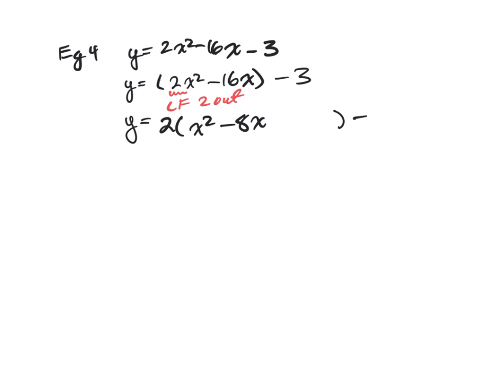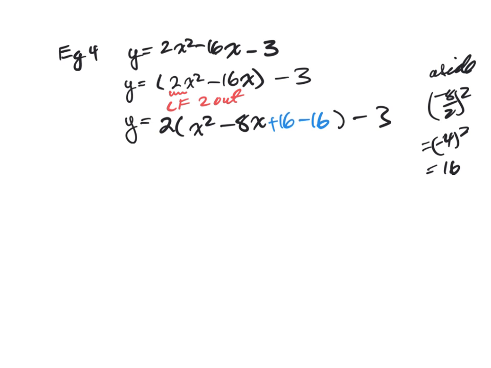Here we go, minus 3. So now you do your aside and you go, okay, negative 8 divided by 2, we're going to square it. We're going to get negative 4 squared, which gives us 16. So we're going to have to add 16 and subtract 16 in our bracket.